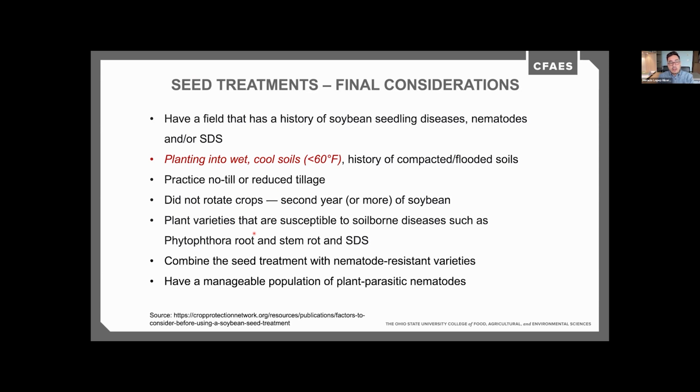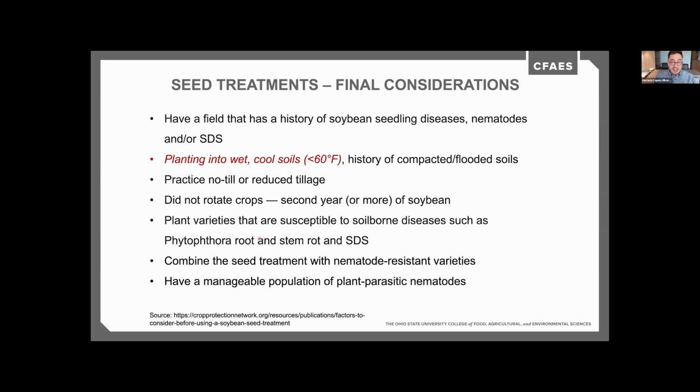But is the soil becoming cooler because of that? So those are all indications that maybe I need to protect my seed with a seed treatment on top of all the other integrated management that I'm doing. Cultural practices, draining my soil, selecting good genetic materials to plant, etc.